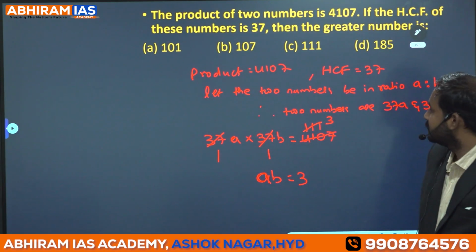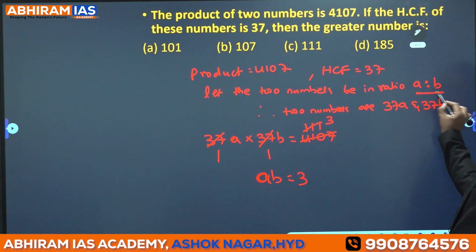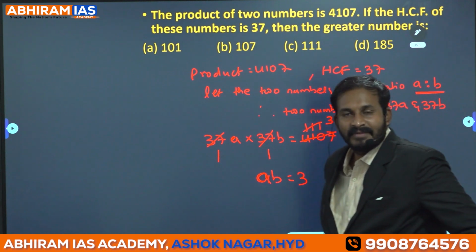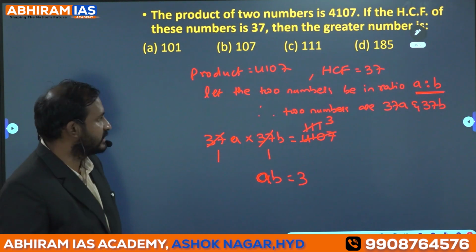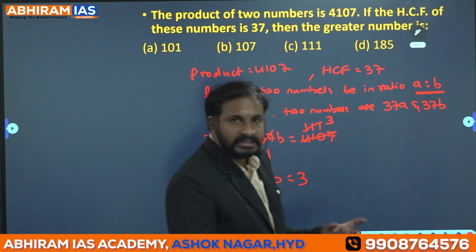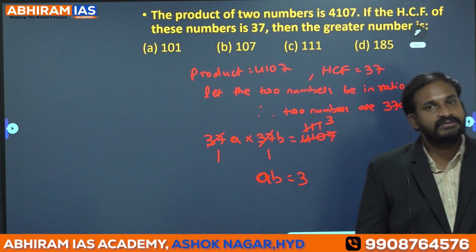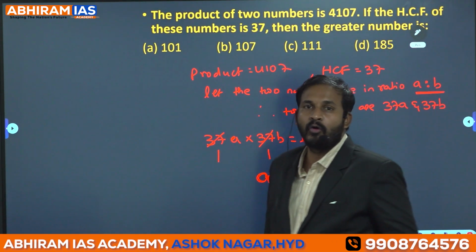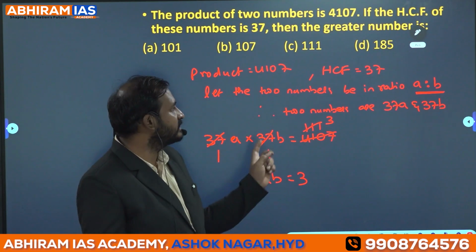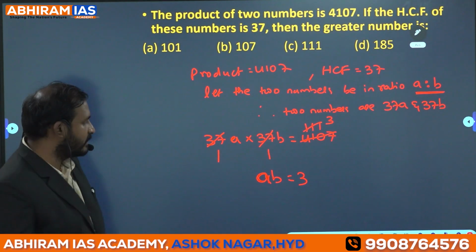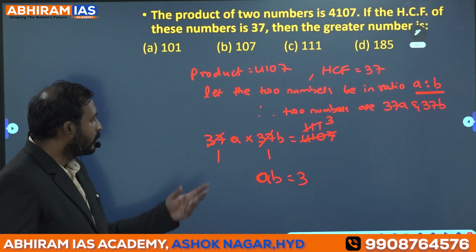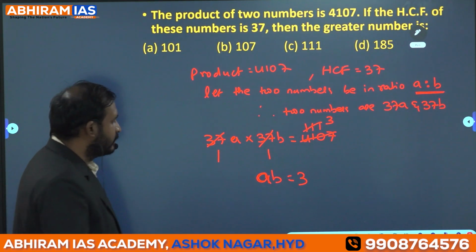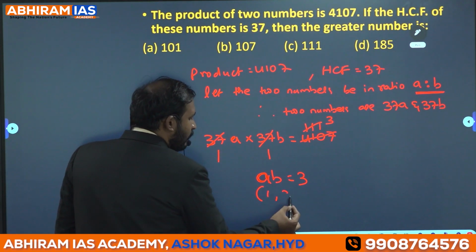Then how we will move forward? Now see here students, the numbers in the ratios will always be co-primes. Already we discussed this one. After writing two numbers in the form of ratios, the numbers which we get in them will always be co-primes. So A and B are co-primes for us. Tell me which two co-primes product will be equal to 3? 1 and 3, right? 1 3s are 3.